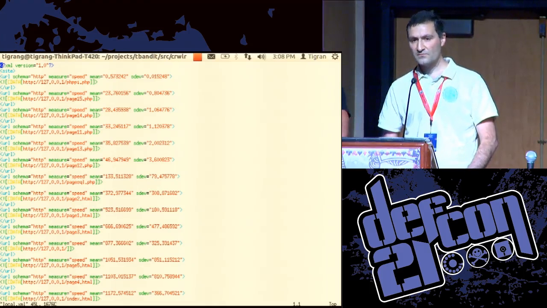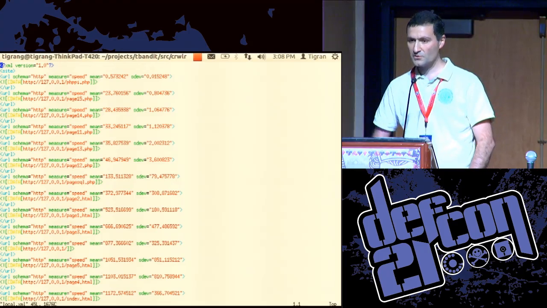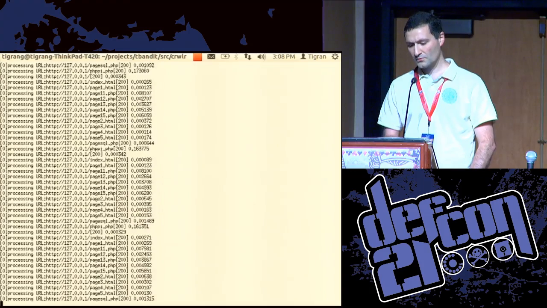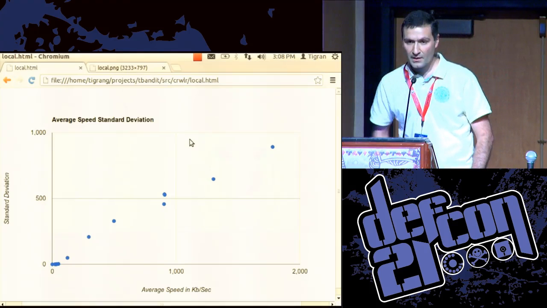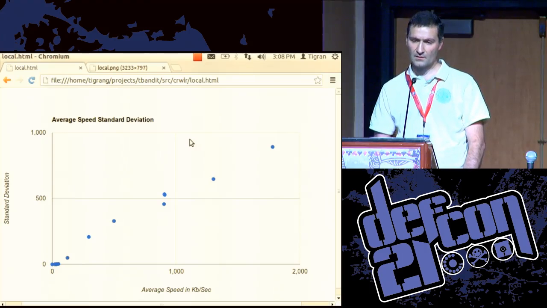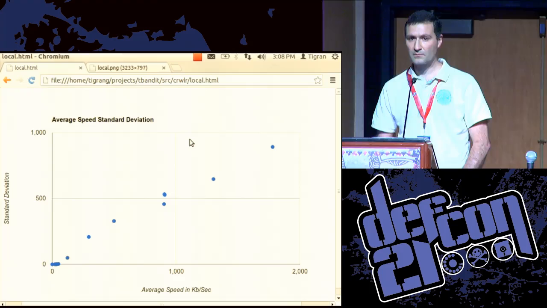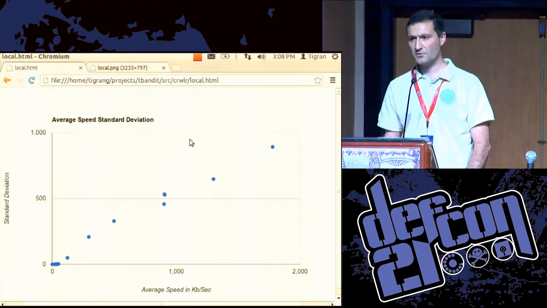XML is very nice because it can be fed into other tools. I have one example, which is an XSLT that transforms this information into something that can be visualized. You'll see a scatter chart of download speed and standard deviation, and there are 4 quadrants here. The top 2 quadrants are the resources that have high standard deviation, which means that the measurements were inaccurate.